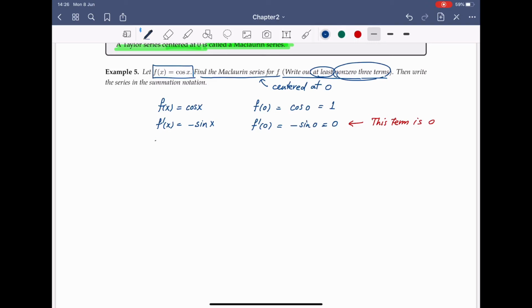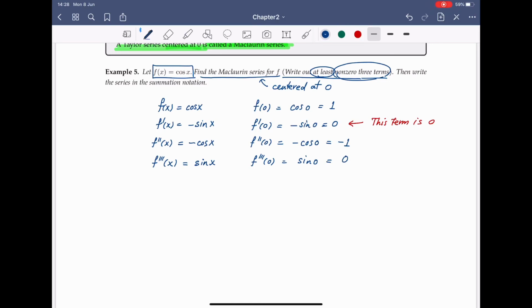Then I differentiate one more time, so I get negative cosine x, and here f double prime of 0 is negative cosine 0, which is negative 1. And then the triple prime is sine x, so the triple prime at 0 is sine 0, which equals 0.